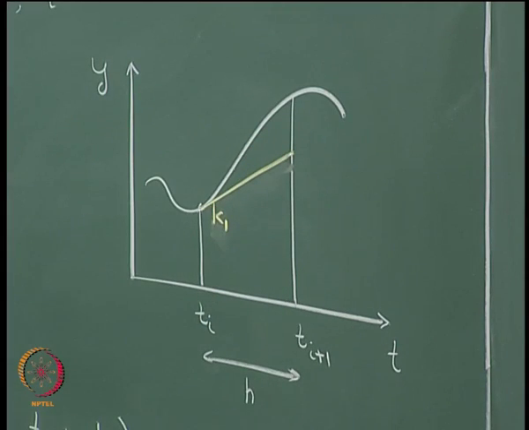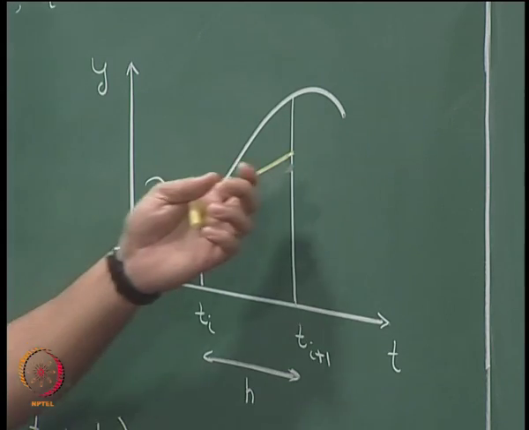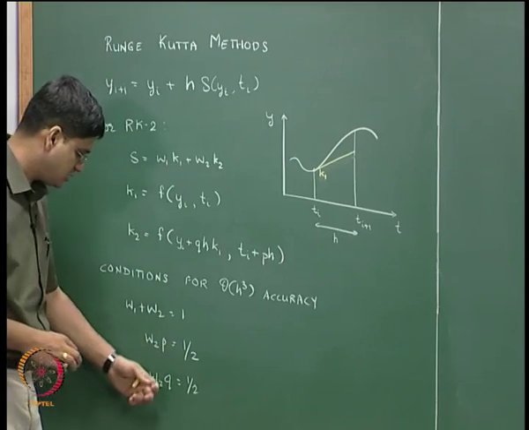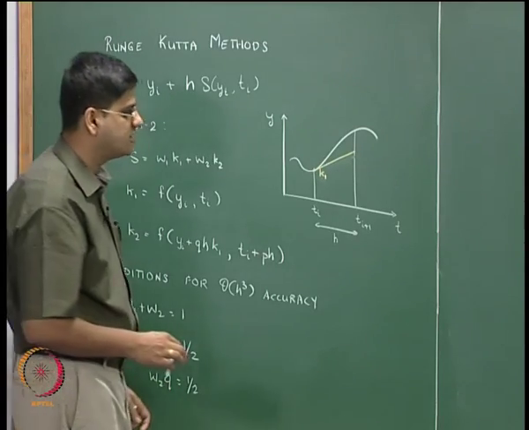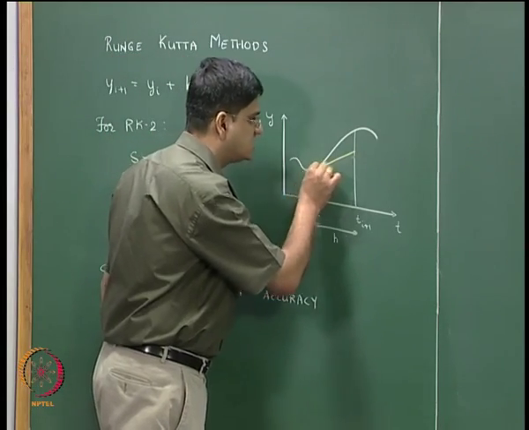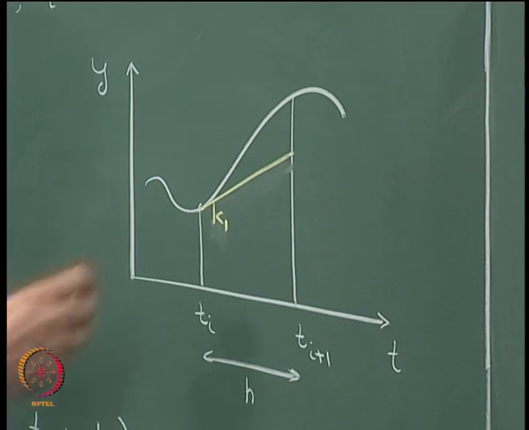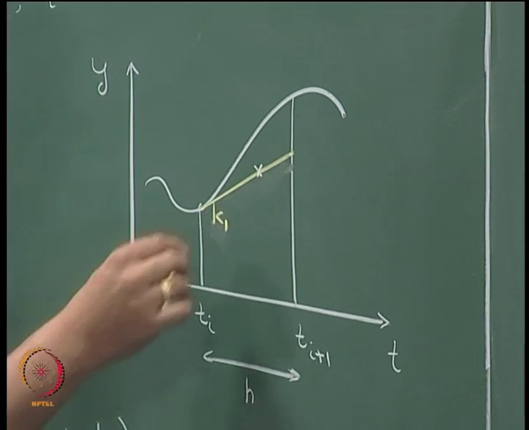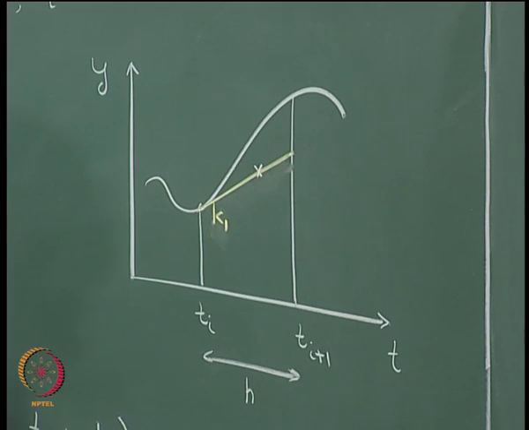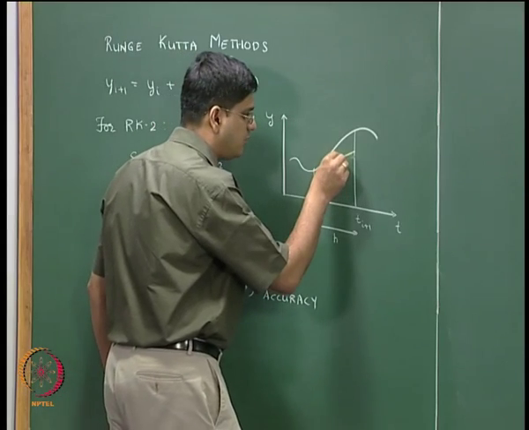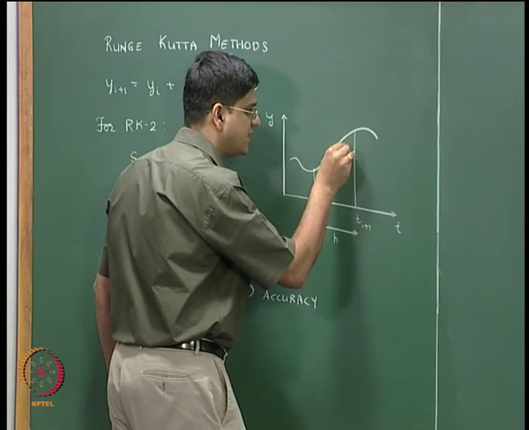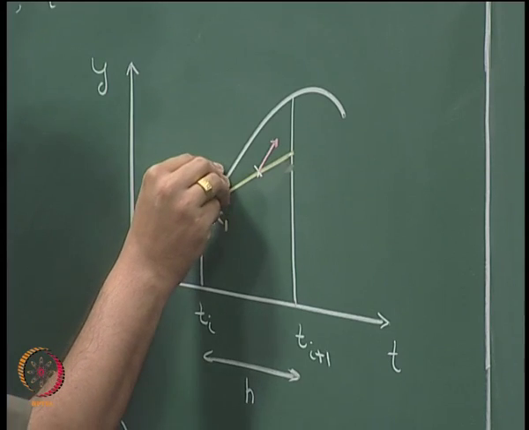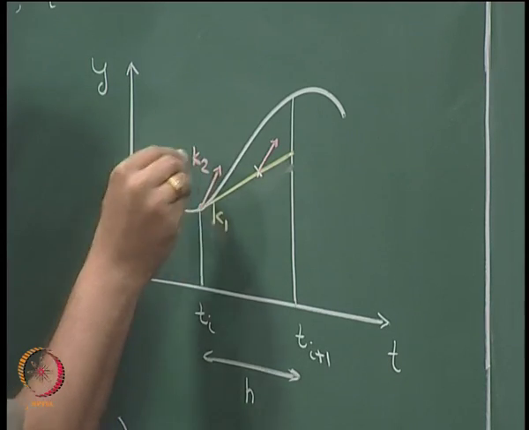Okay. So now we have this particular guy as k1, and then what we said is now we select one point, and this particular condition tells us that this point is going to be selected somewhere along this line, not at an arbitrary location in this rectangle, but somewhere around that line, perhaps over here, and then we compute the slope at that particular point, and that slope, let us say, is this guy, and that is going to be our K2, okay.